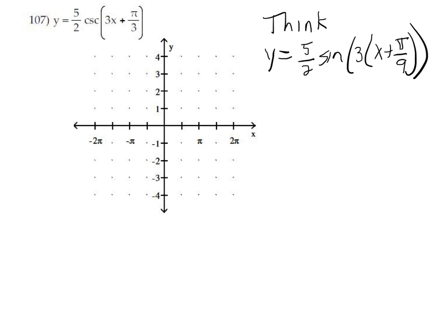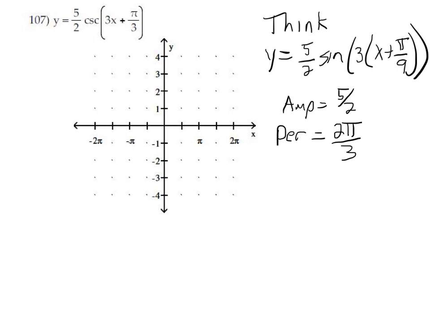If you want to double check that when you factor something, just distribute it back in and you should end up back here, which we do. So out of this information we get the amplitude is 5/2. The period is normally 2 pi, but we're dividing by 3 because of the coefficient of x. And the phase shift, this is left pi ninths.